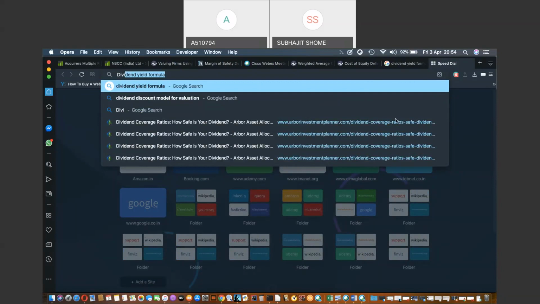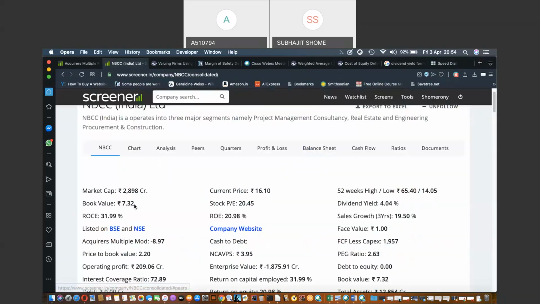It will be cancelled, but I want to know the value where we arrived at equity value. What is the market value? Market cap 2898. 2898 divided by 2898 plus debt. This is equity, right? Because debt is 0, 2898 divided by 2898 will get cancelled out. It will become 1 only.